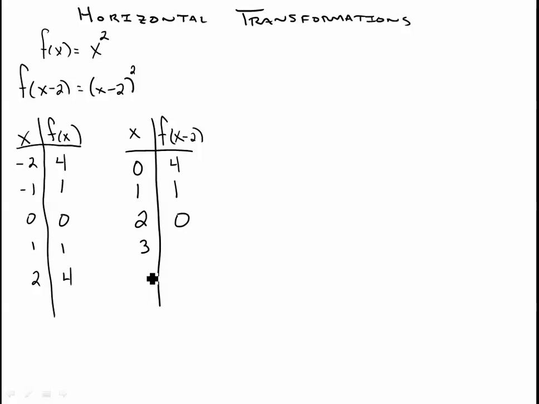And if we continue this process, what we have are the same outputs, but the inputs are off by 2. Or more specifically, in order to get the exact same output values, the inputs have been increased by 2.